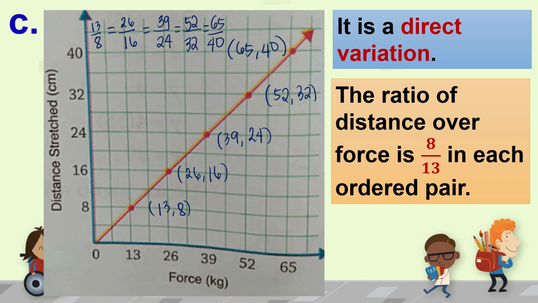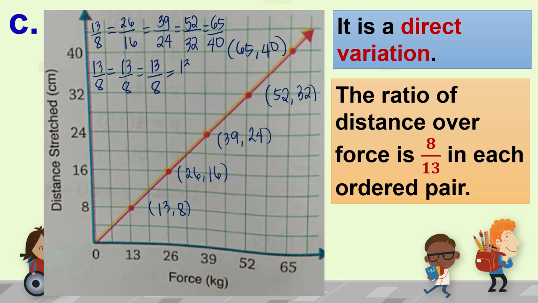So 13 over 8 equals the next ratio 26/16, if we get the lowest term of this, the GCF is 2, 13/8. Next ordered pair, the GCF is 3. If we get the lowest term, it's still 13/8. Also on the fourth one, divide it by 4.